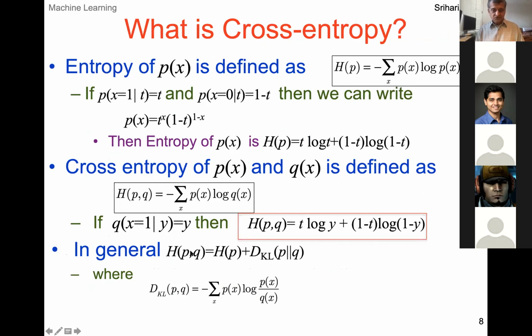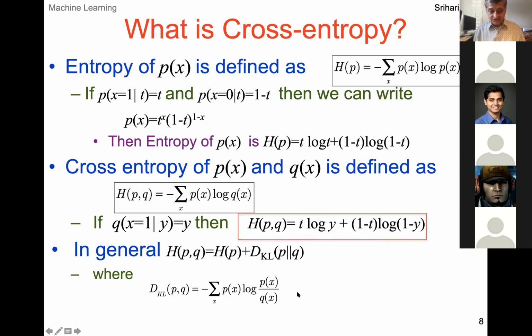And I think I went over this already. Between two distributions, H of PQ, it's the Kullback-Leibler divergence of P and Q, plus the entropy of P, that is called the cross entropy between the two. So HPQ is T log y plus 1 minus T log 1 minus y, where the Kullback-Leibler divergence is defined like this.